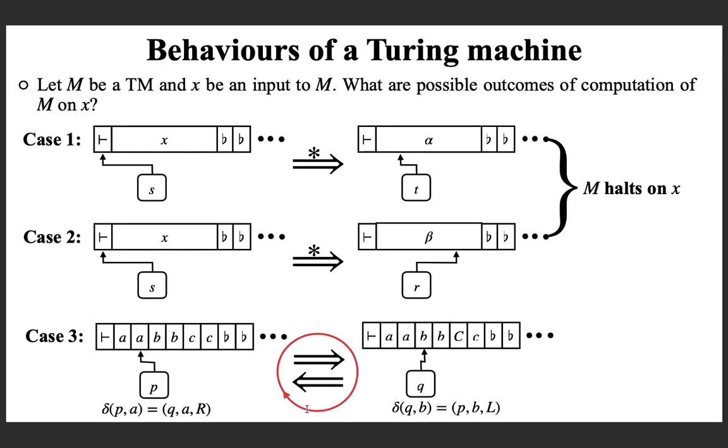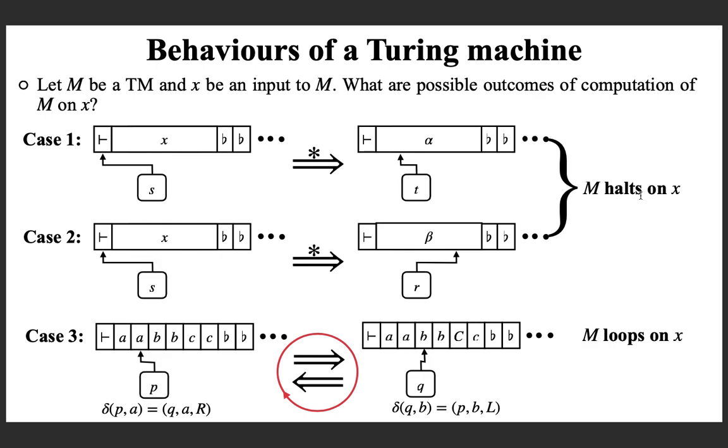So the machine in this case is neither getting into T nor getting into R, and in this case the machine is said to loop on the input string X. Okay, so there are three possible outcomes. One is the input string is accepted by entering the sink state T. Second case, the input string is rejected by entering the sink state R, and these are collectively known as the halting outcome.